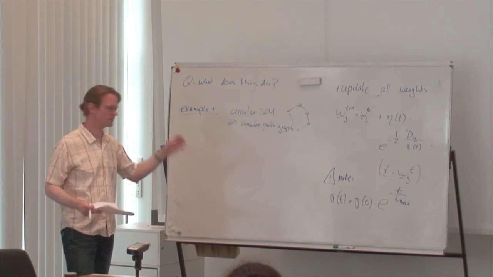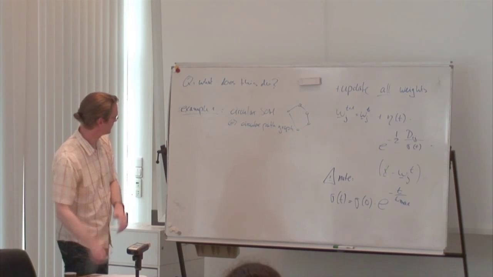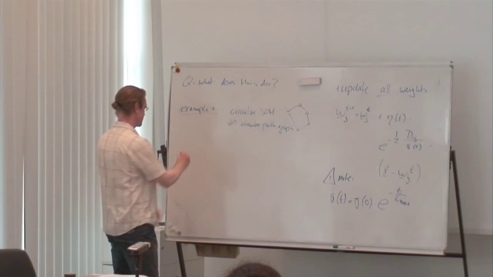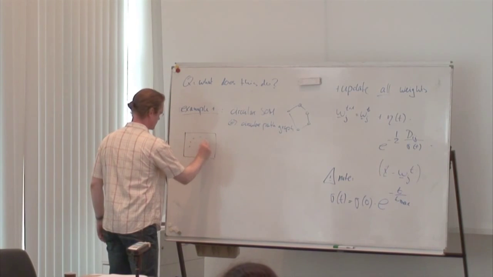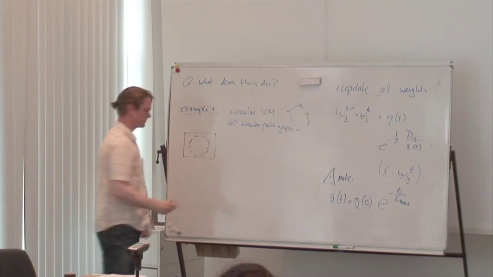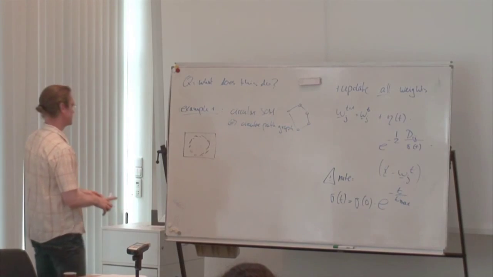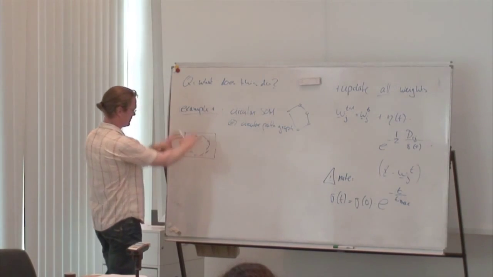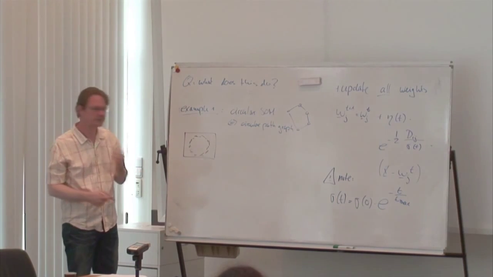It's a circular graph. And let us again pretend we have a configuration space, and in this configuration space we have observed a player running around. So basically the state space is a circle.